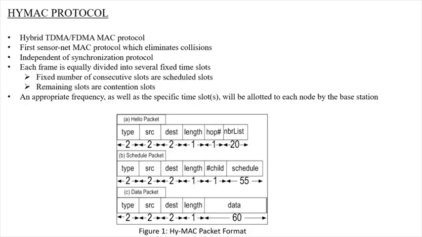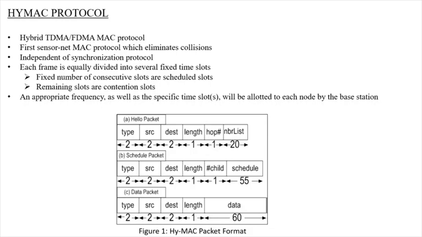If a node hears a hello message from any other node within its one hop distance, it adds the sender to its neighbor list. The updated neighbor list will be included in the next hello message sent by that node. Based on the hello messages sent by the nodes, the base station can construct the schedule and send it to each node in a schedule message.